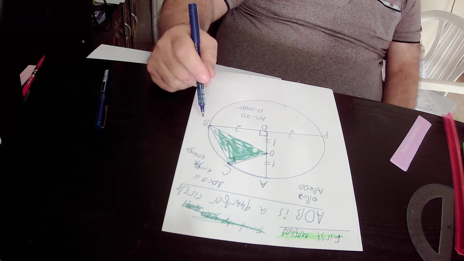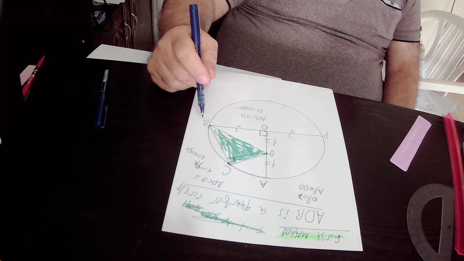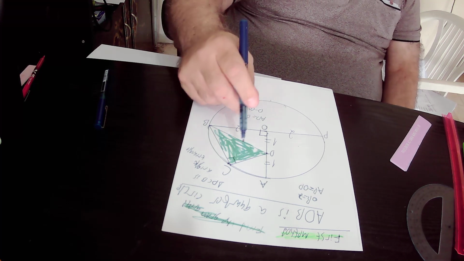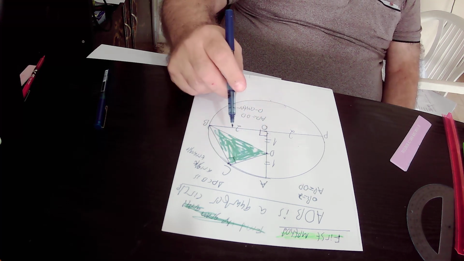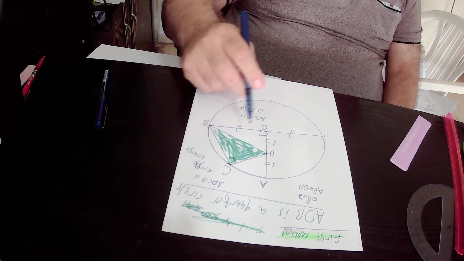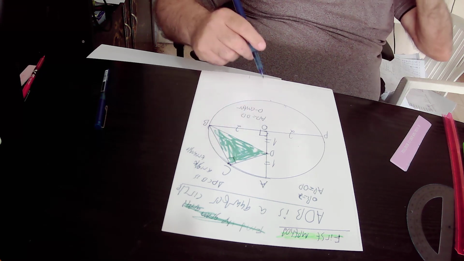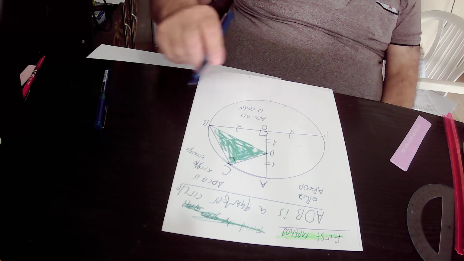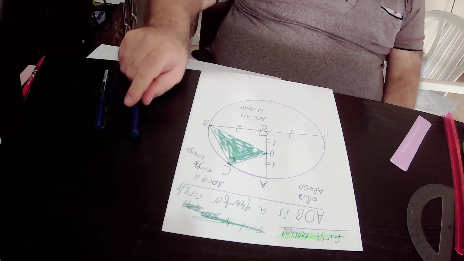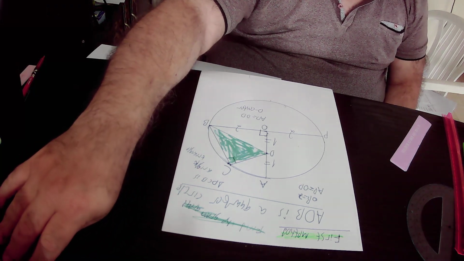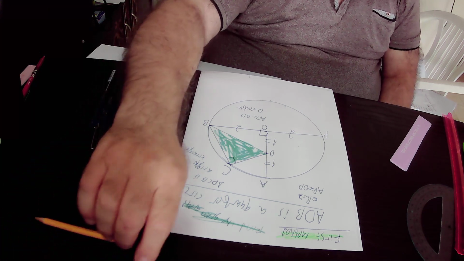In the next step, we will extend side CD of the right triangle DCB by a straight line until it touches the circle. We actually don't know where the extended side CD will touch the circle.